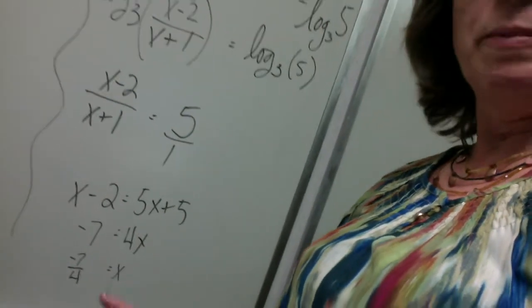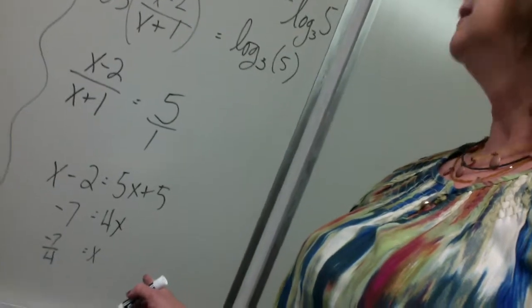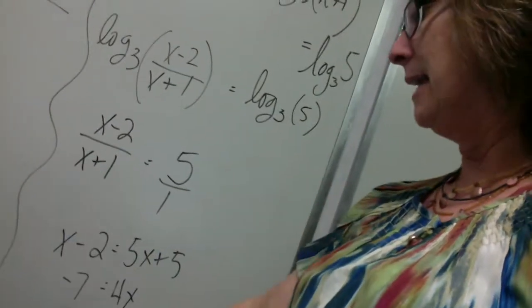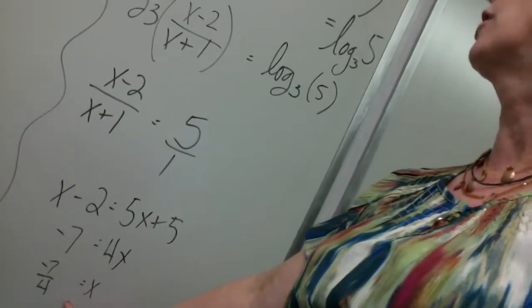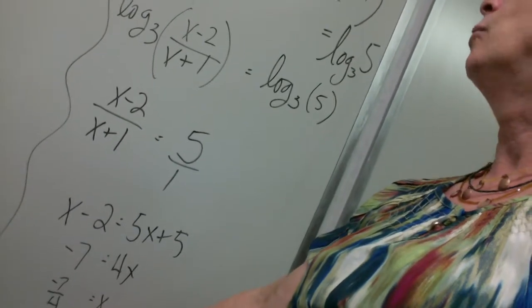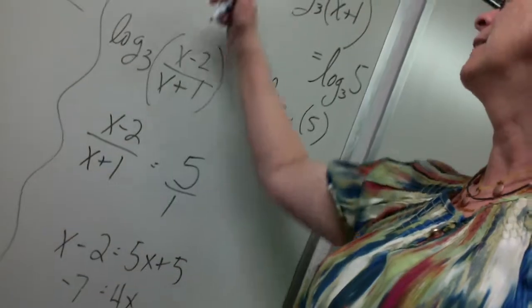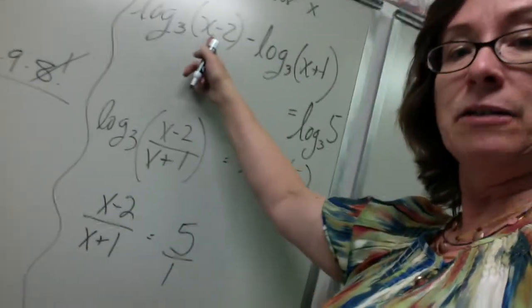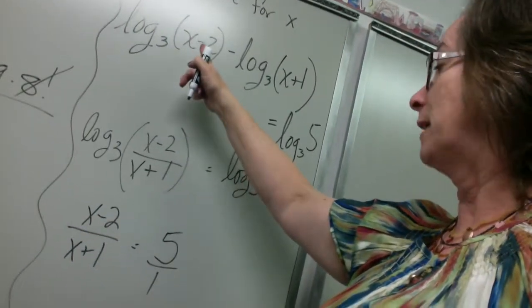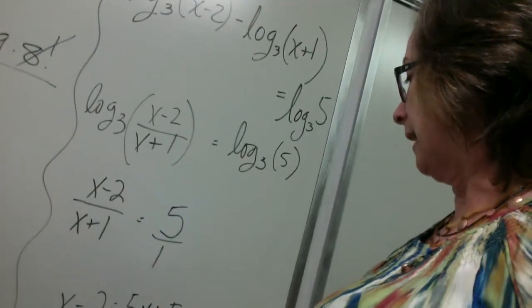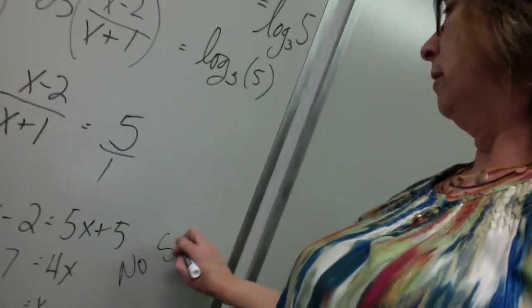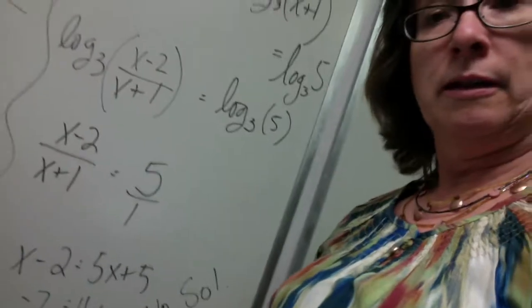Okay? Now, remember, we always have to go back and check to see, does this make either one of our arguments negative? We have to have a positive argument. So when I plug in a negative 7 over 4, it doesn't work. And so since it makes one of them go negative, we would say no solution. And that is that.